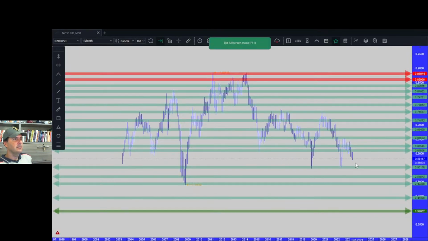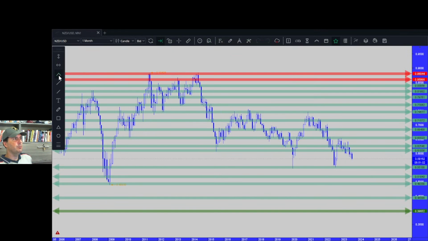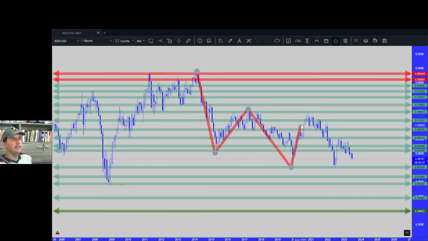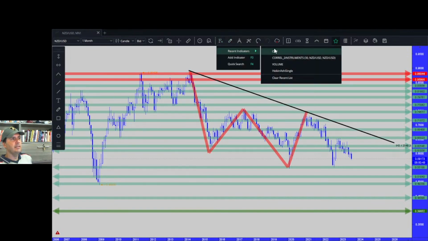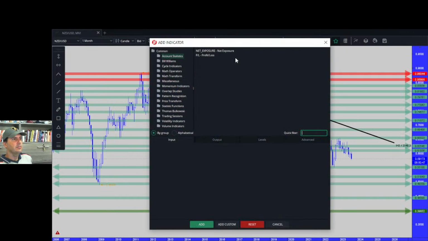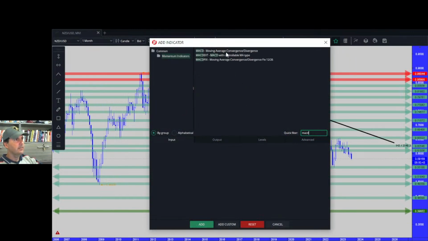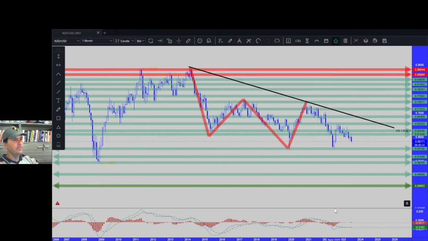But, so this is support, resistance, pivot point, and then you have extension, retracement, and then you have trend lines. And some of you have indicators, MACD for example, just an example.